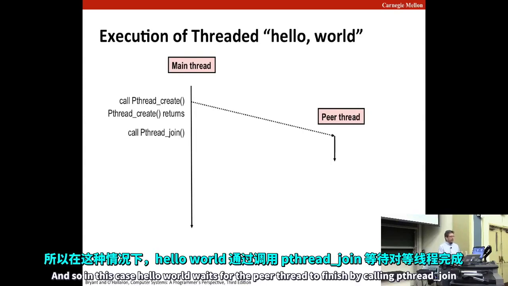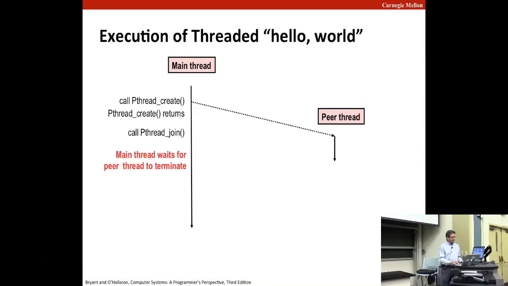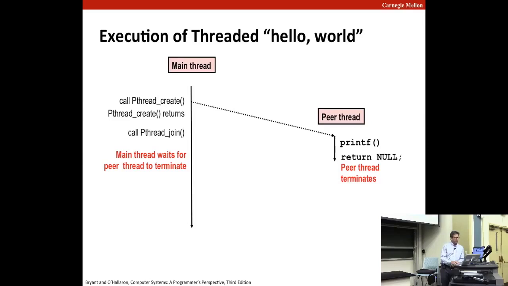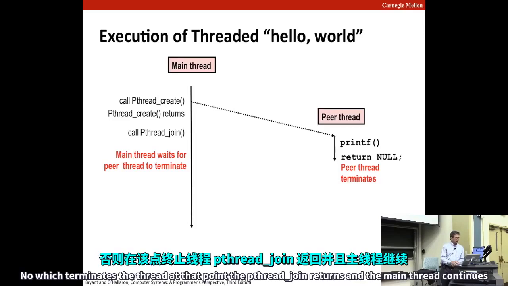Our hello world waits for the peer thread to finish by calling pthread_join. The peer thread, after it calls its printf, returns NULL, which terminates the thread. At that point, pthread_join returns, and the main thread continues.